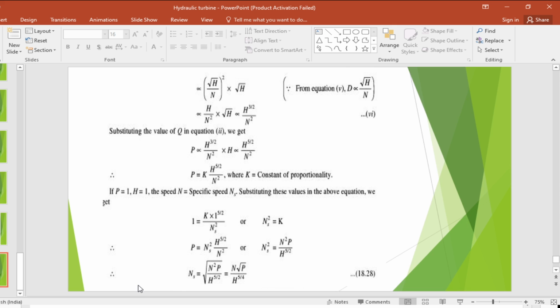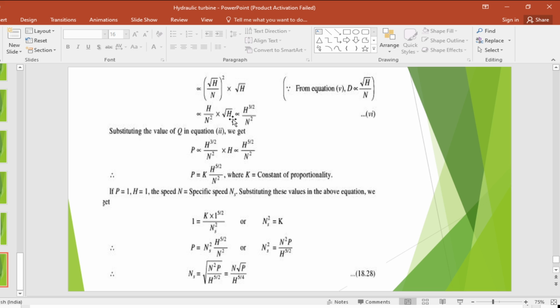Now by using this, we can simply adjust the values and write it as H upon N square into root of H, proportional to H raised to 3 by 2 divided by N square.